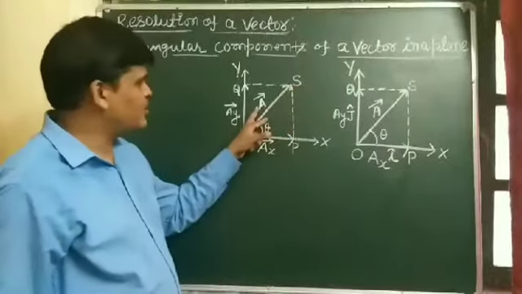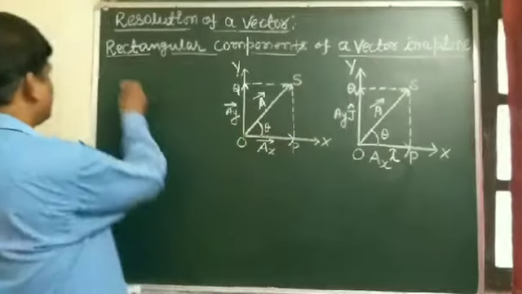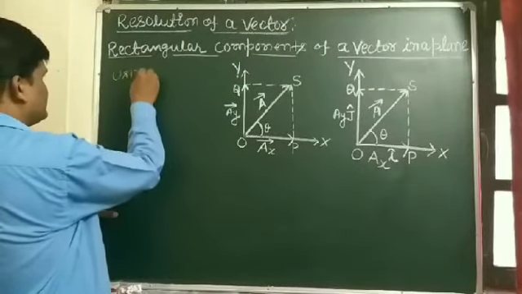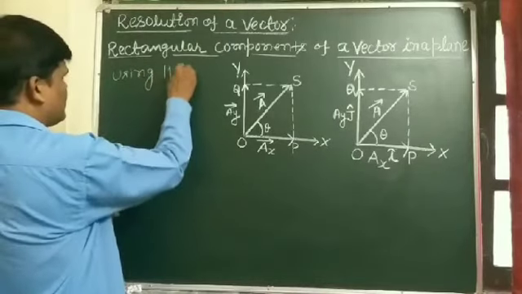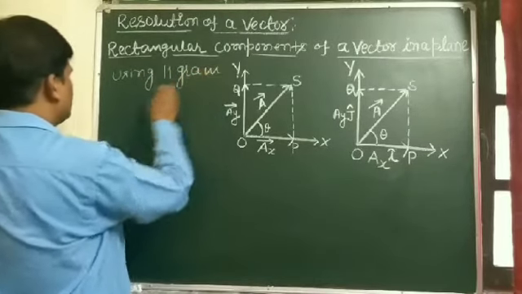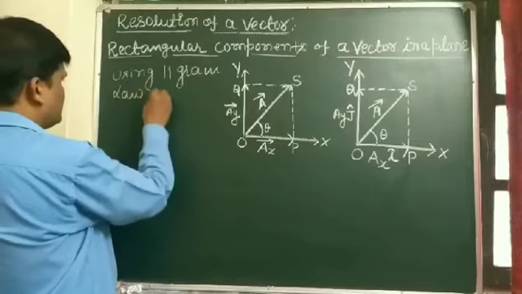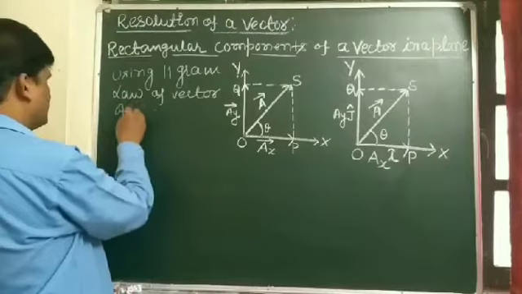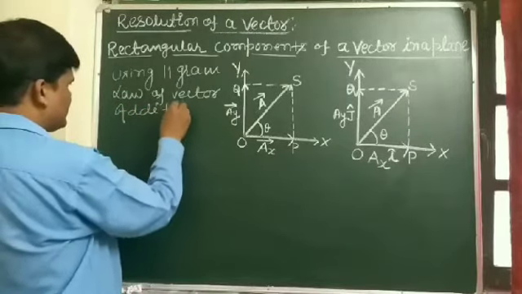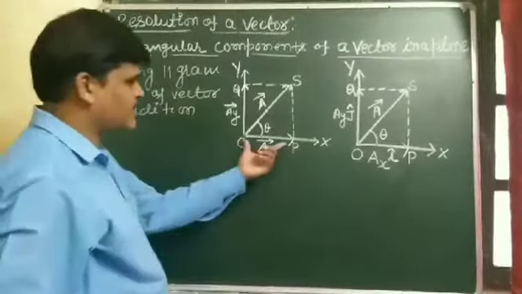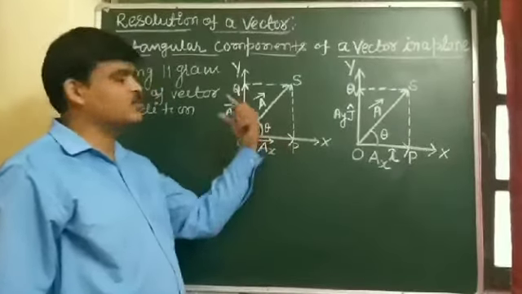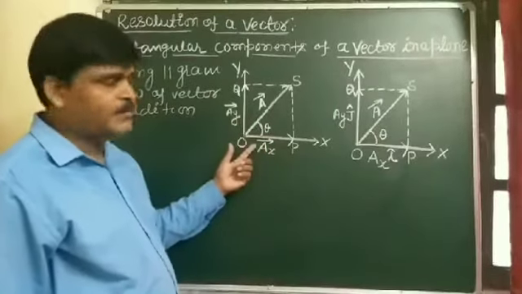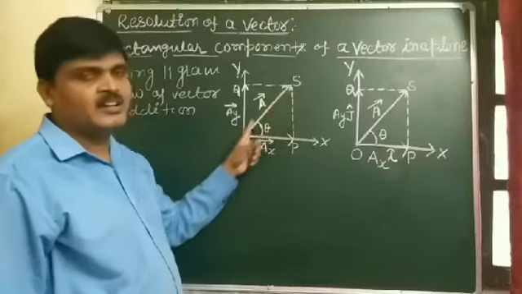And student, using the parallelogram law of vector addition, from this figure, you know that OP and OQ are the adjacent sides of the parallelogram, and OS is the resultant.